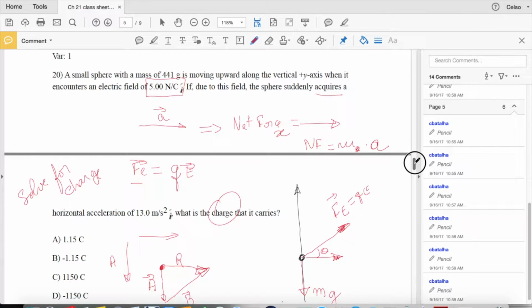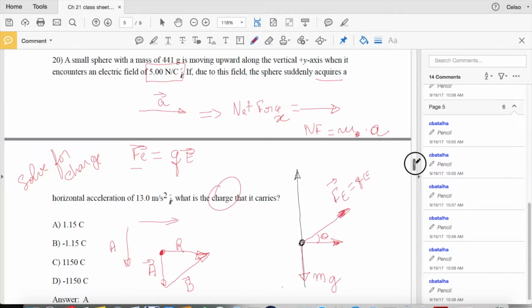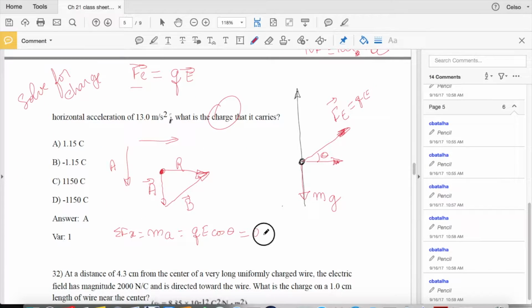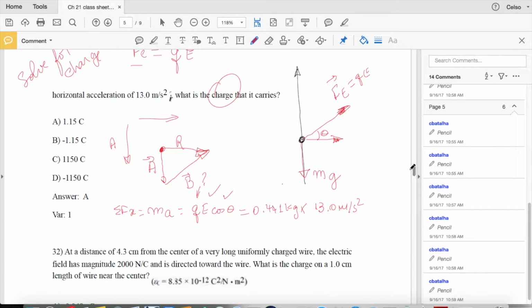We have the acceleration and the mass. I'm converting the mass here to kilograms, and the acceleration I do have, 13 meters per square second. In this equation we want to find the unknown. We have the electric field, but we don't have the angle. If we had the angle, the problem would be resolved, but we don't.